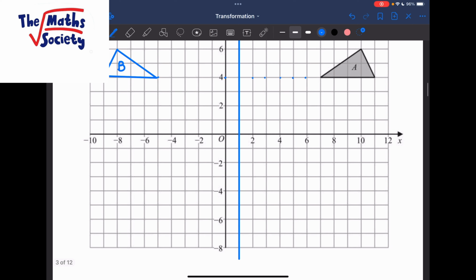So 7, we go right: 1, 2, 3, 4, 5, 6, 7. Then 3 down: 1, 2, 3. So it's just going to be here. That's this one. Then you have 4, which should be at -2, so that's just going to be here. And that is your triangle C.